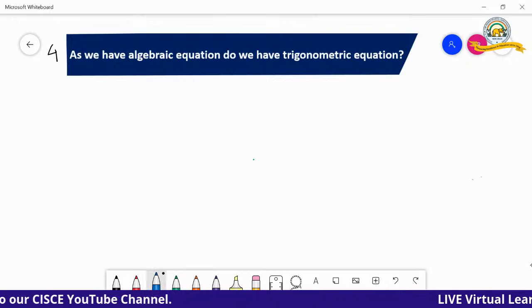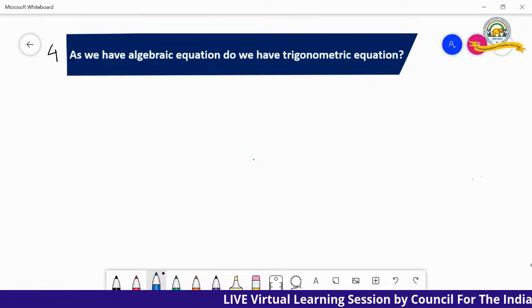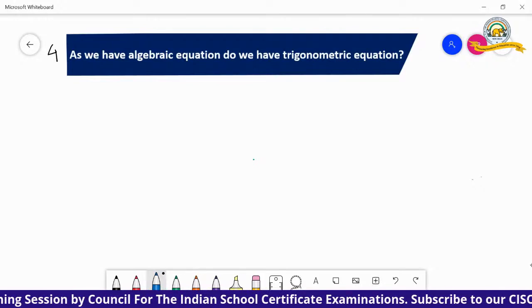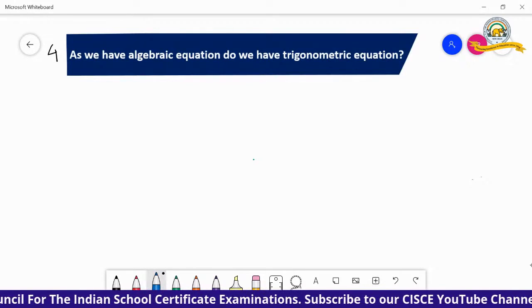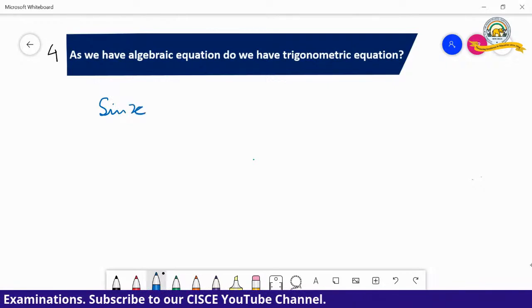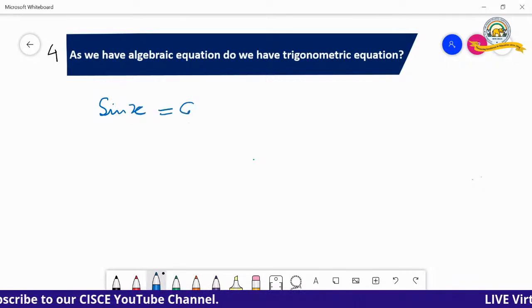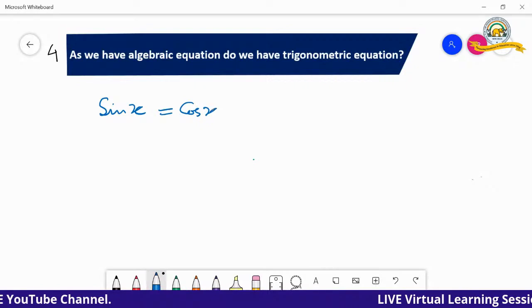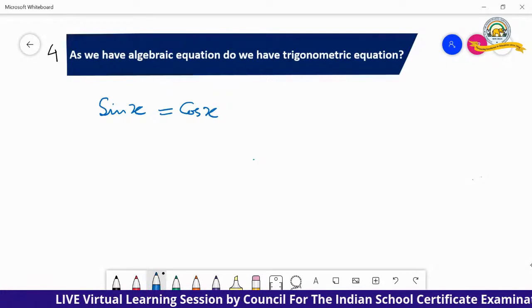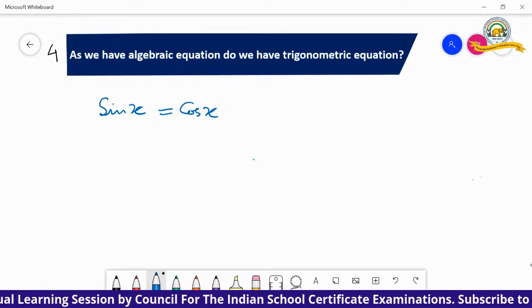Now, for trigonometric equations there are different ways of solving, but for you all, the values will lie between 0 and 90 degrees because that is the scope of your syllabus. Suppose sine x equals cos x and you are asked to solve. Because you know your standard values, you can find it out. Now, how do we solve the equation?